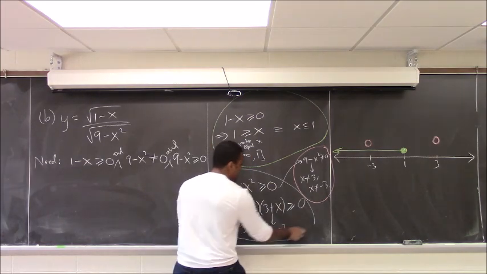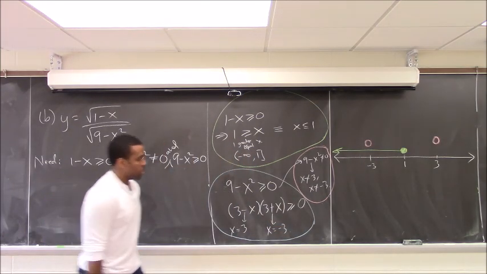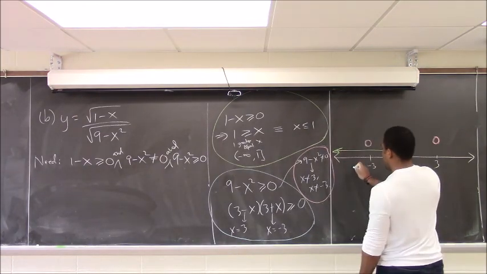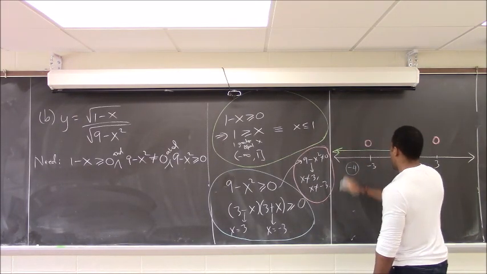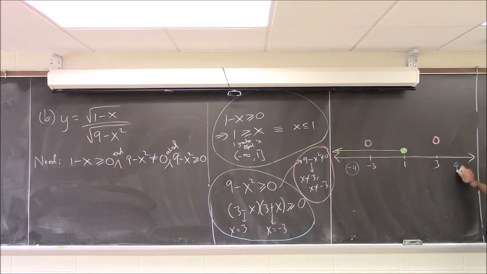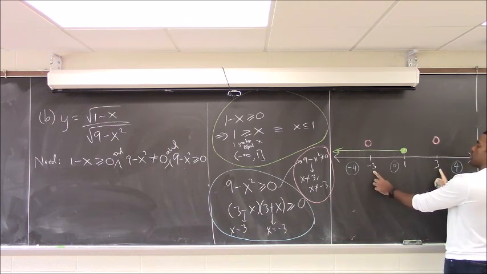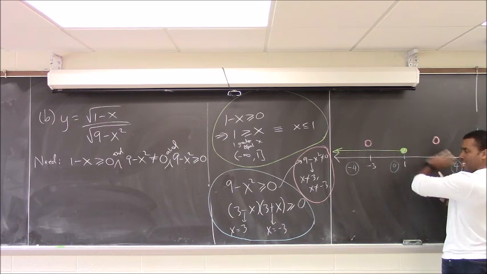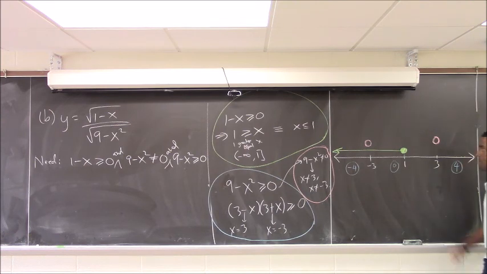Now what would that mean? Well, what I would do is plug in a random number, say -4, plug in a random number over here, say 4, and plug in a random number in the middle, say 0. I'm only focused on the 3 and -3 now, so ignore the 1. I've already taken care of the situation with the 1.